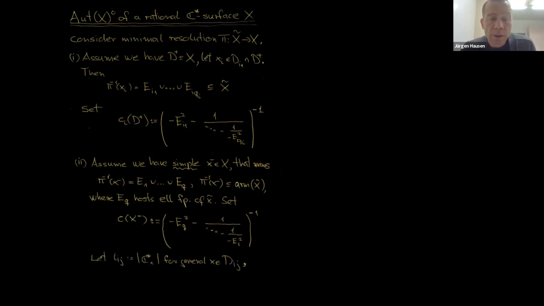Moreover, I need the orders of the general point from the curves Dij lying in the arms of the C-star surfaces. These are finite cyclic subgroups of C-star, and we denote by Lij the order of these groups.